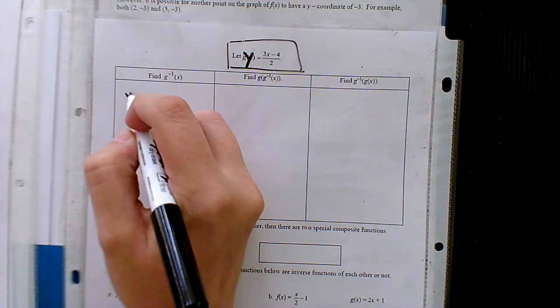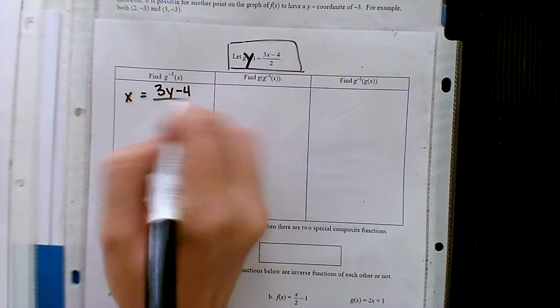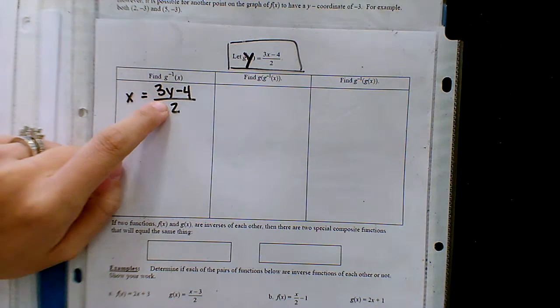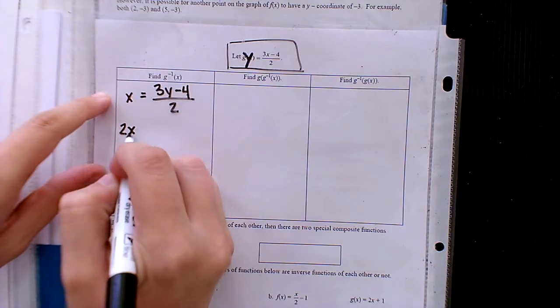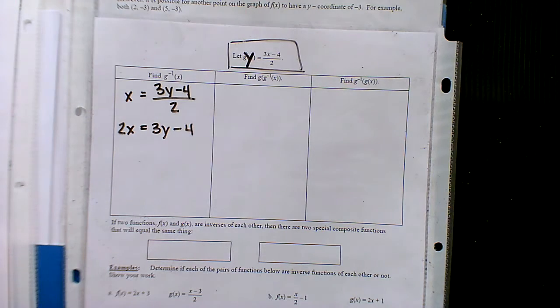So if we switch them, this would be x equals 3y minus 4 over 2. If we solve for y, we can multiply the 2 over. That'll get rid of the fraction, so that's a convenient step for us.